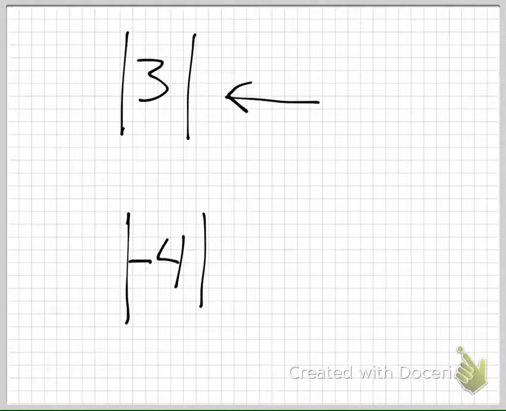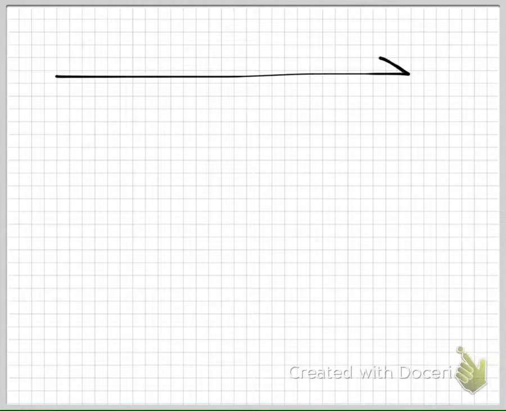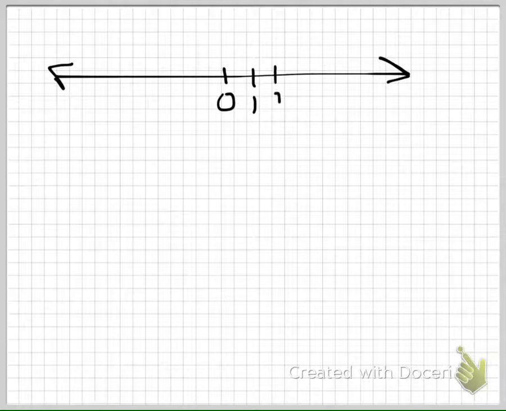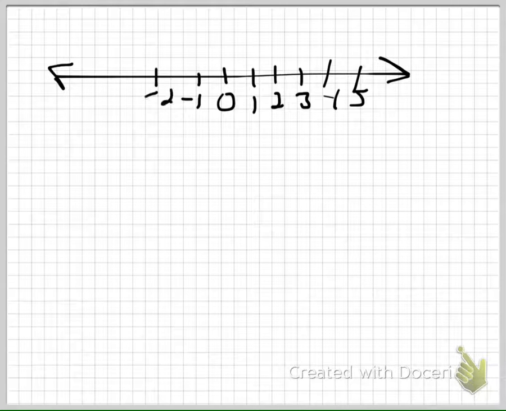Does anybody here know what absolute value means without looking at the book? Absolute value simply means the distance from 0. So if I have my number line here, and there's 0, and I have a 1, 2, 3, 4, 5, negative 1, negative 2, negative 3, negative 4, negative 5.